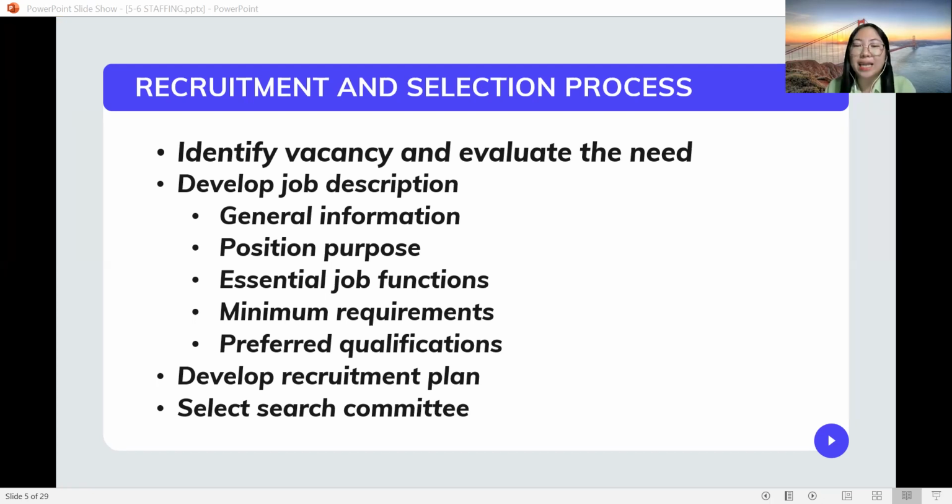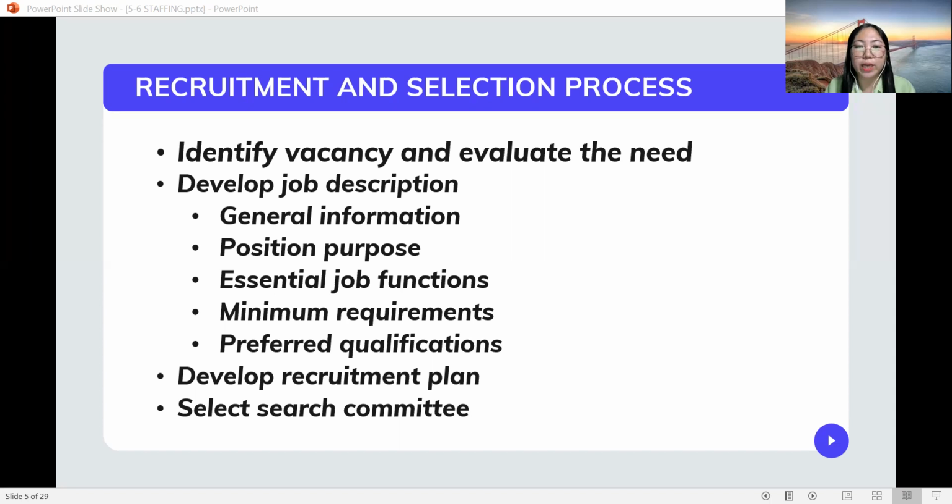Proper planning and evaluation of the need will lead to hiring the right person for the role and the team of this organization. So we need to assess their skills, whether they match our goals and objectives of our organization or management.